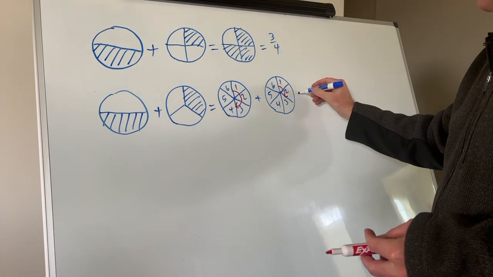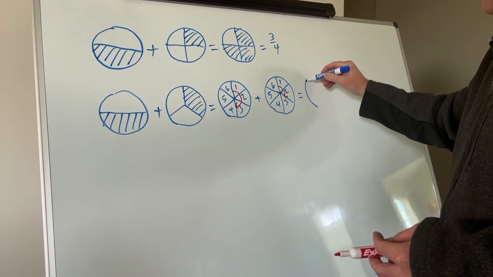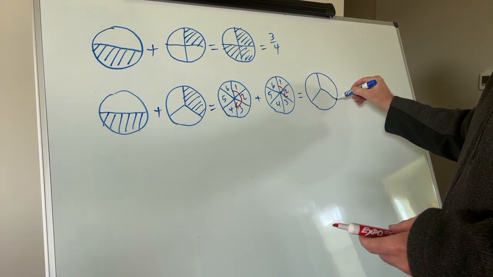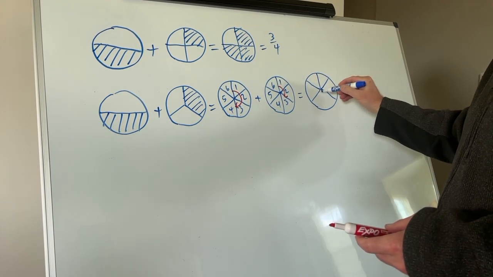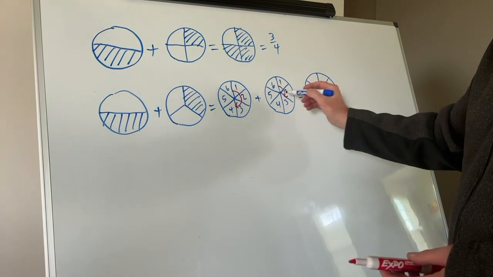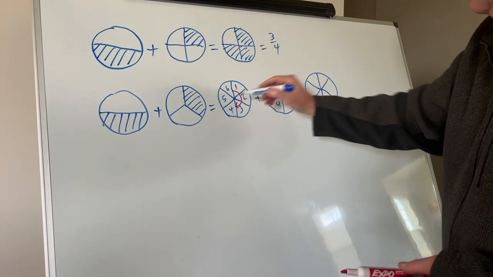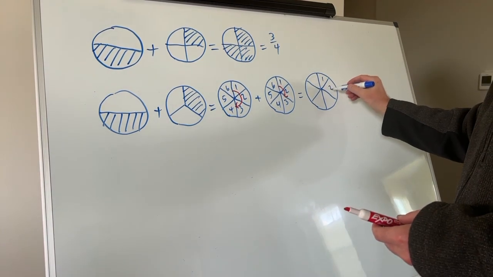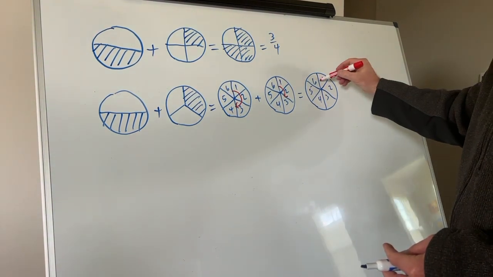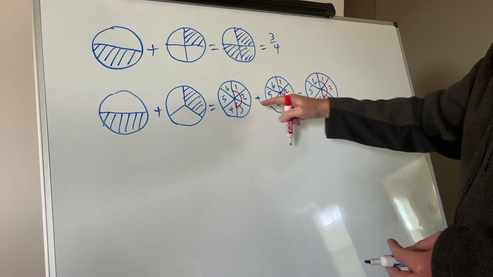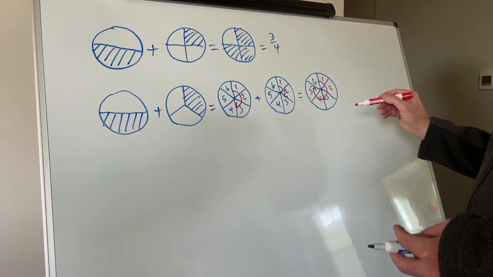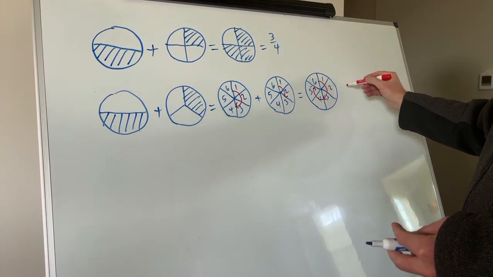And then I'm going to get the result, and I know that's not going to be more than one circle, because I can just tell by adding these 3 and then these 2, it's going to only come up to 5. So I add the 3 here from this, and then the 2 more from here will be up to 5. So the answer is 5 out of 6. So the answer is 5/6.